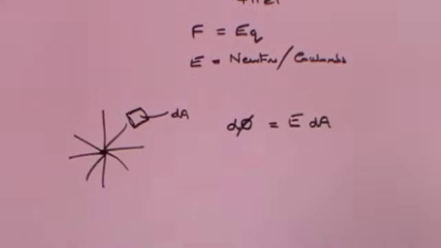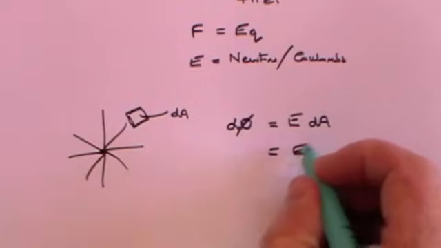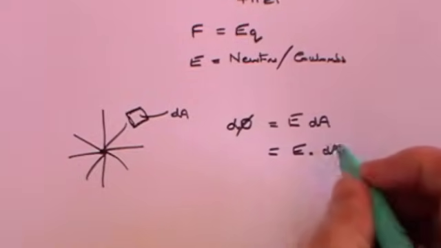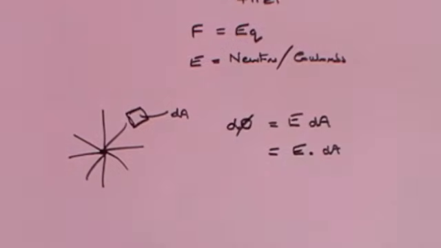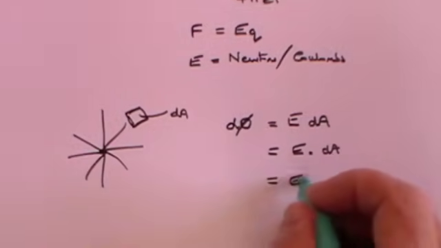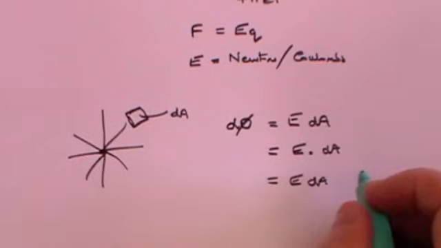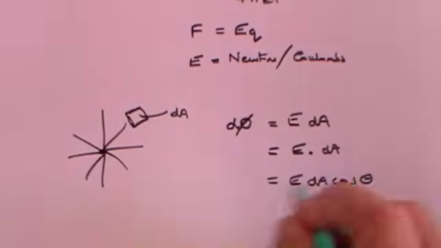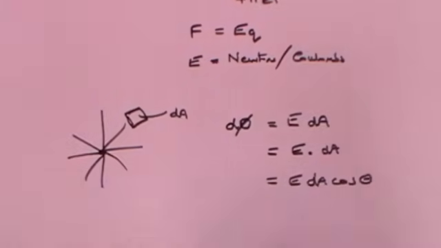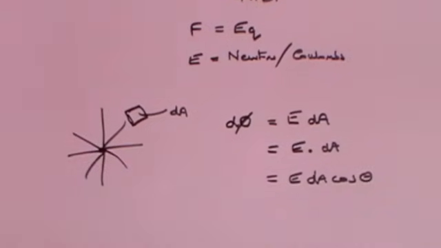But mathematically, it is written in this form, E dot dA, and a dot is a vector product. And it is also equal to E times dA times the cosine of theta. And let me explain why we need that cosine term. You see, it all depends on the angle that the flux, or the E field, meets the window.